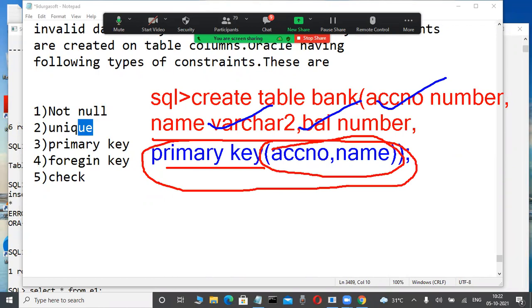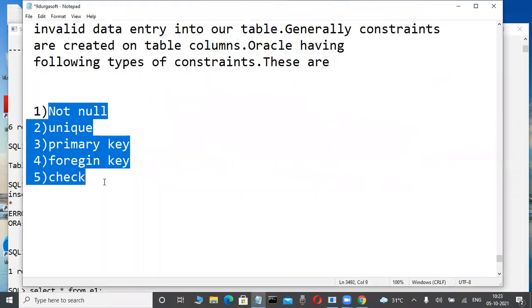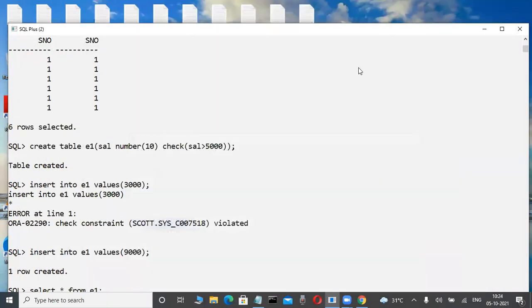Anybody who wants to add multiple columns as a combination constraint must use table level; column level is not working. That's why all these constraints are defined in every database in two ways: column level syntaxes and table level syntaxes.